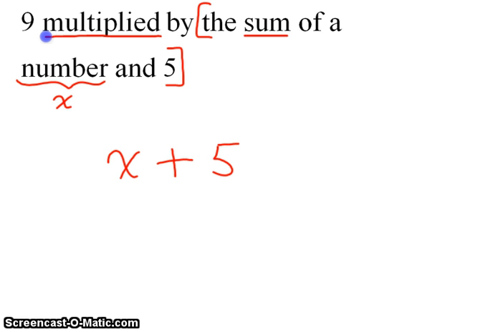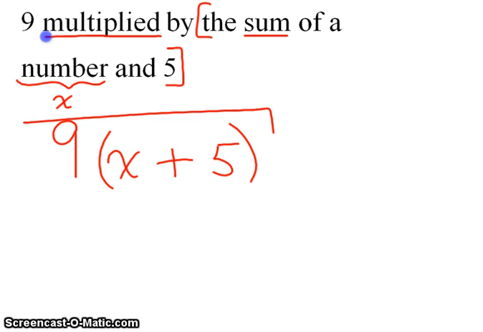Now, you're multiplying 9 by this, which means you need to put that in a grouping symbol, parentheses, and then put the 9 out front. So 9 times the quantity x plus 5, because 9 is being multiplied by a sum.